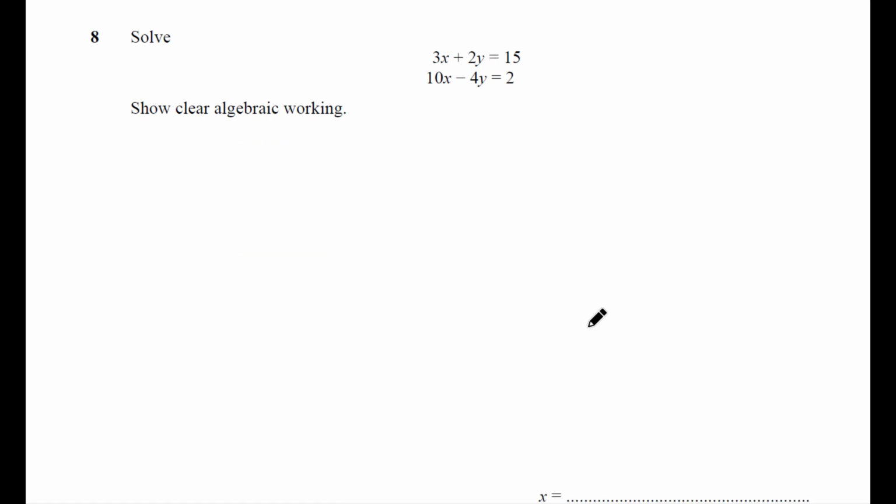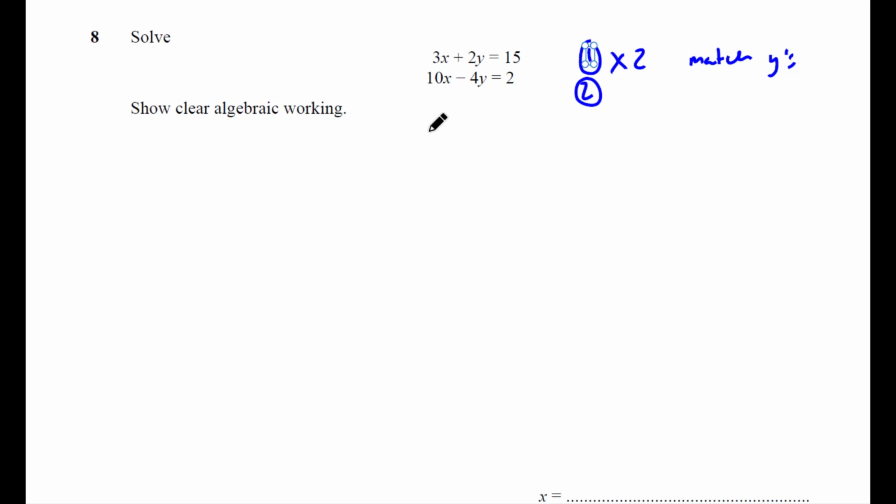Question 8, nice simultaneous equation here. I'll call that equation 1. The second one will be equation 2. I'm just going to multiply 1 by 2 because that will match the y's.